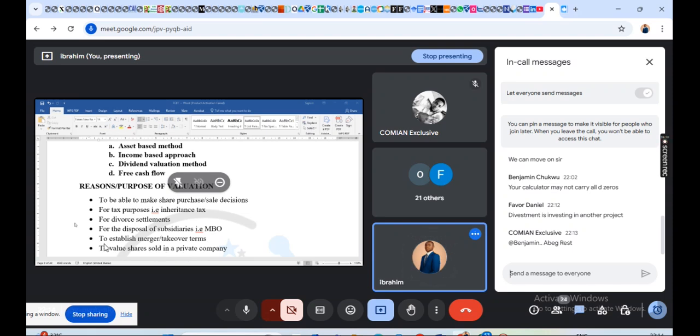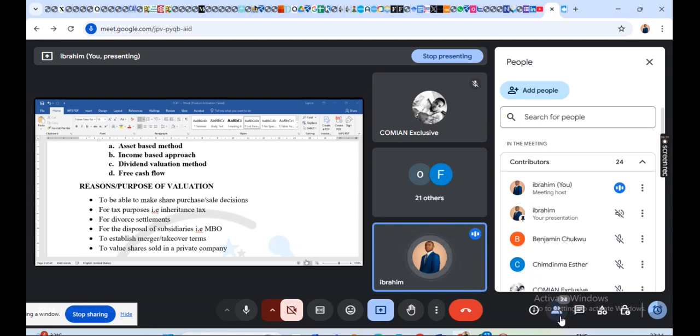Another thing is that to establish a merger or takeover, don't forget, why do you do a valuation? The reason you do a valuation is to determine whether you want to merge or acquire. You want to merge with this company, you need to know the current value.